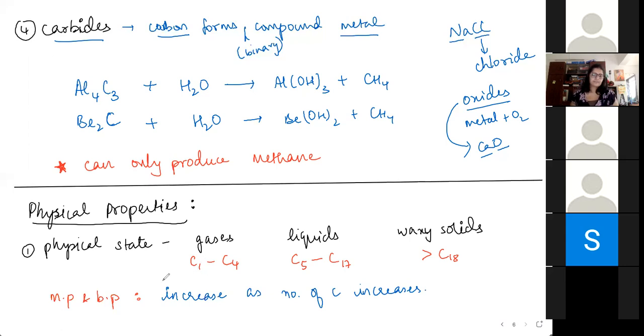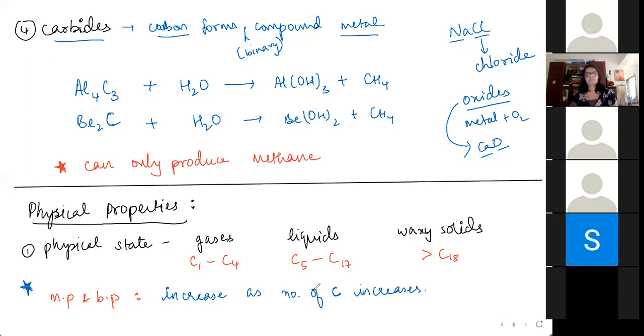Okay. The kind of questions like this are quite important because you will get MCQs based on them. You'll be given butane, pentane, hexane, heptane, and asked to arrange them in increasing order of melting points. Then you'll be given 4 options and you'll have to choose. These trends are important.